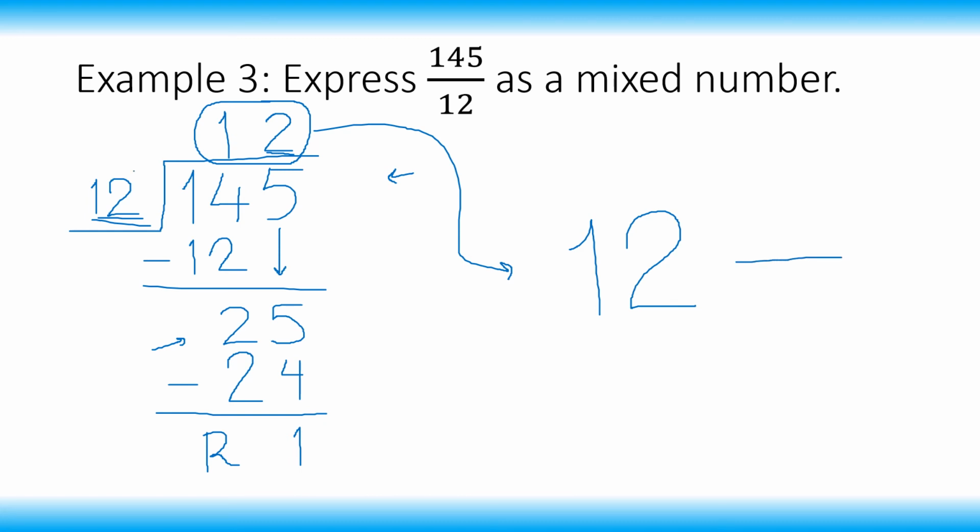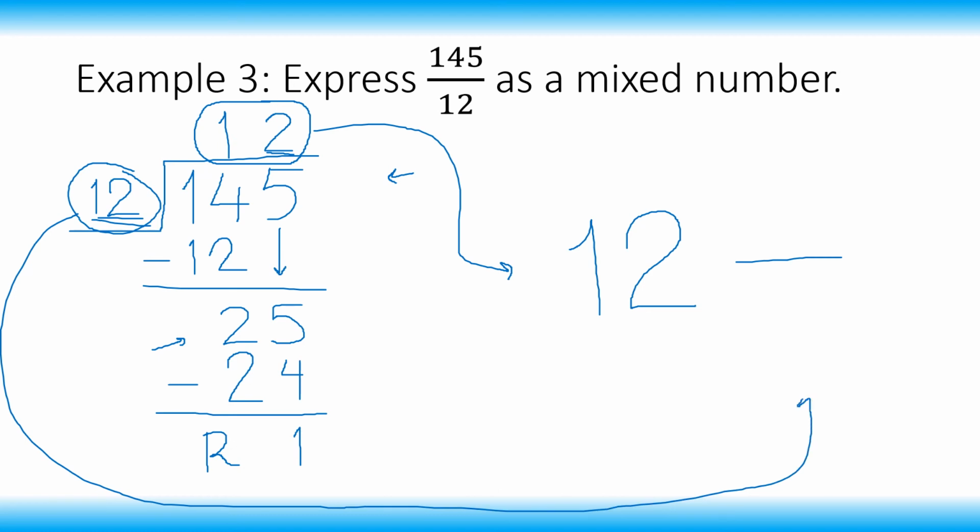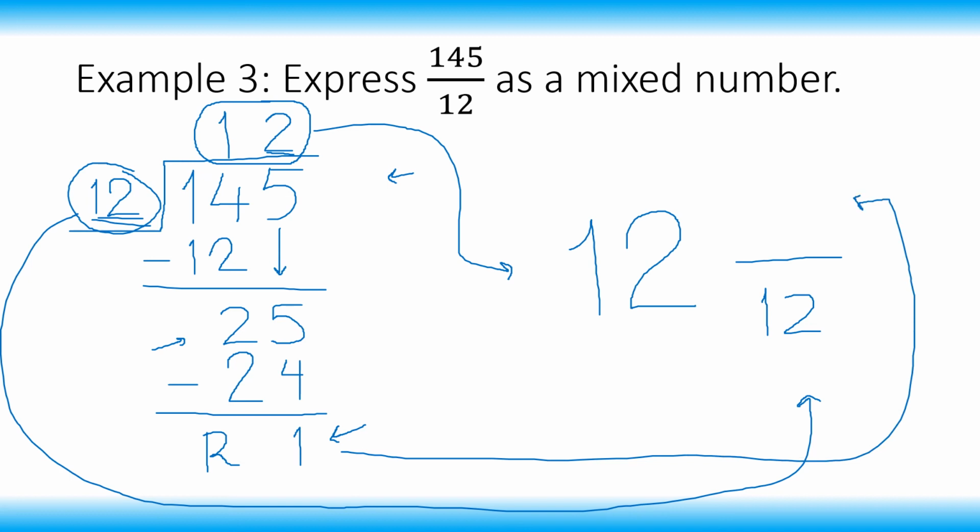Now we know the denominator of the fraction is going to be the same thing as what we were dividing by, and the same thing as our original denominator, so this 12 just carries over down here. And then our new numerator is just this remainder from our long division problem. So if we take that remainder and we go around, we get that this is a 1 up top.